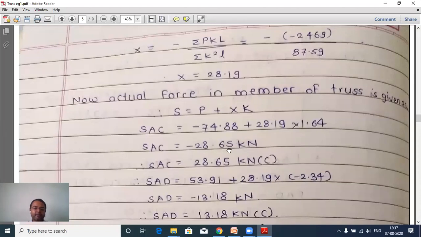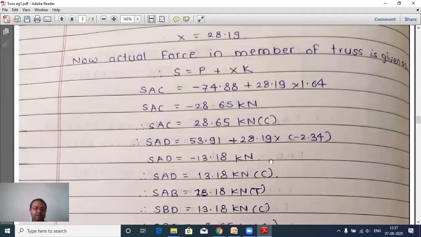This is the final answer. We are getting minus, and minus stands for compression. Minus means compression, plus means tension. So if you are getting the answer minus, this 28.65 is the force acting in member AC, and that is compression. Likewise, you can get the forces in all the members of the truss.